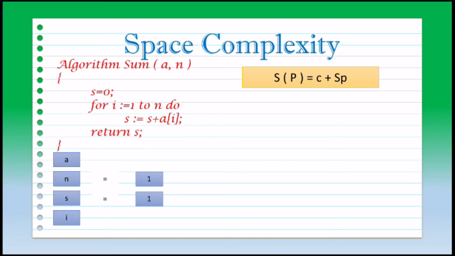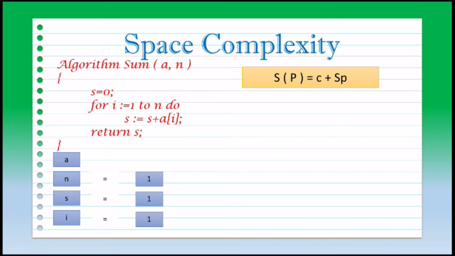Next, just like variable s, i is also of fixed size, because the values stored in it may change from 1 to n, but i requires only one word of space. So all these three variables require fixed size.